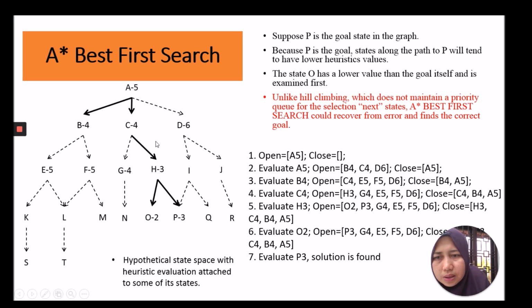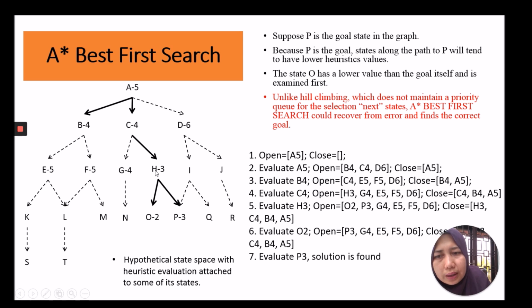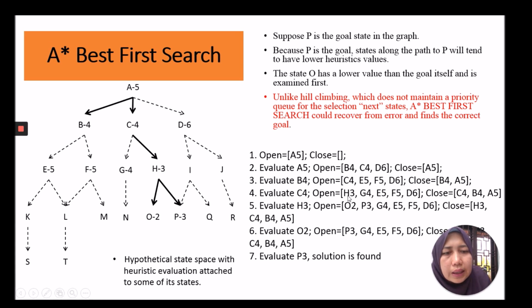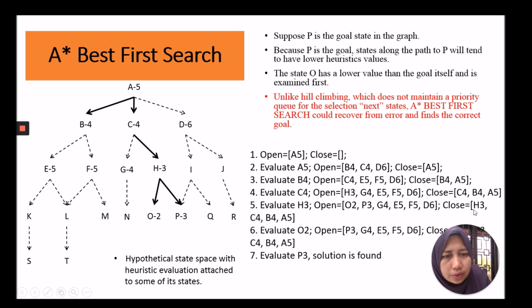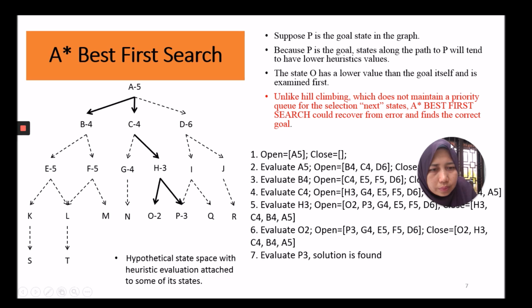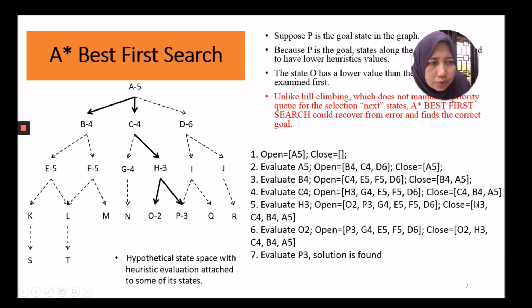Then from C4 we have other options, which are G4 and H3. Because of that we sort directly: H3, G4, and then E5, F5, and D6. So we choose H3 and move H3 into the closed list.